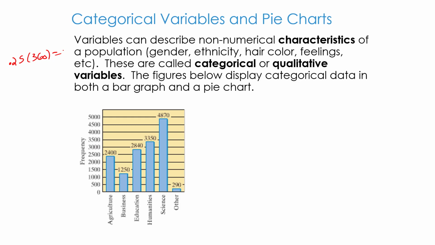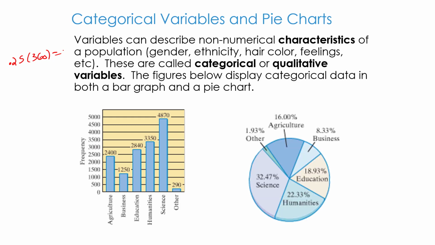Business, you have 1,250. Education, you have 2,840. Humanities, you have 3,350. Science, you have 4,870. And other, the famous other, you have 290. And so another way to display that information is, instead of a bar graph, to use a pie chart, right?